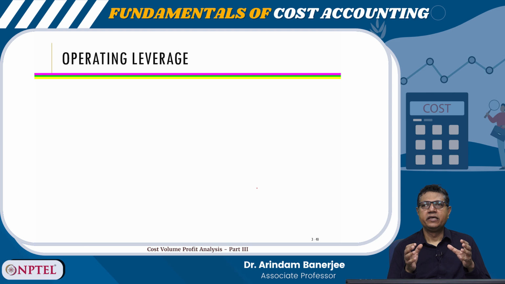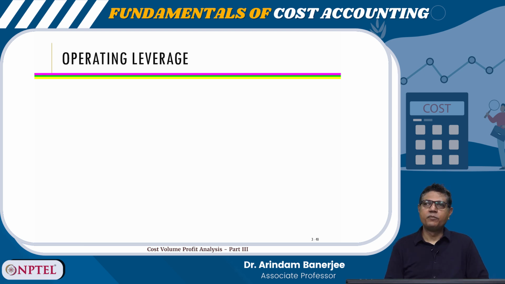As we discussed earlier, the cost structure can be fundamentally divided into two parts: one is fixed cost, the other is variable cost. The presence of fixed cost in the cost structure can increase the profitability disproportionately.